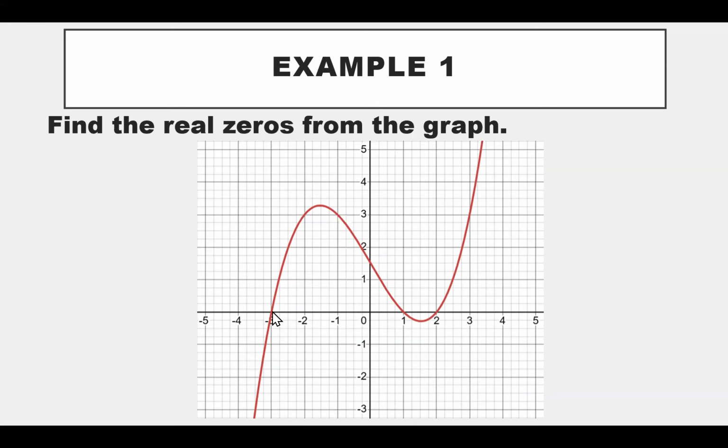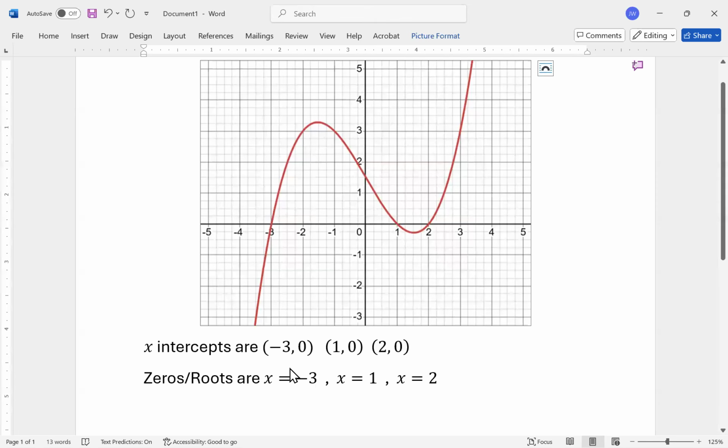So I have 3 x-intercepts, one at the x value of -3, another at the x value of 1, and another at the x value of 2. So it looks like I have 3 x-intercepts, and therefore there are 3 real zeros of this polynomial function. x equals -3, x equals 1, and x equals 2. So there we go. That's what we have written down.